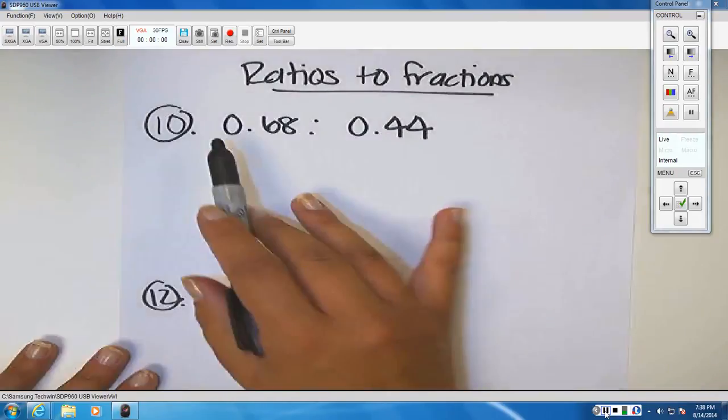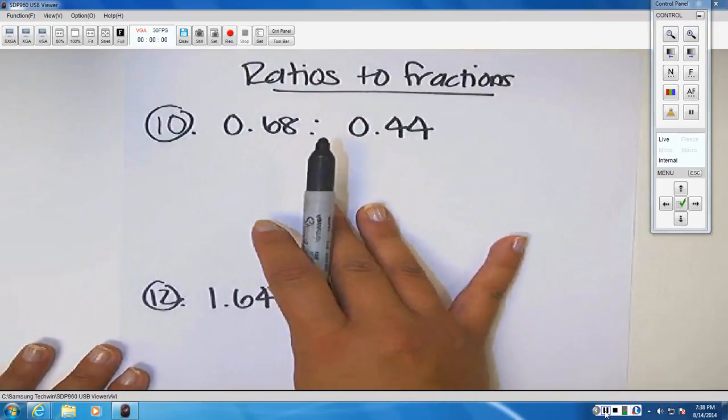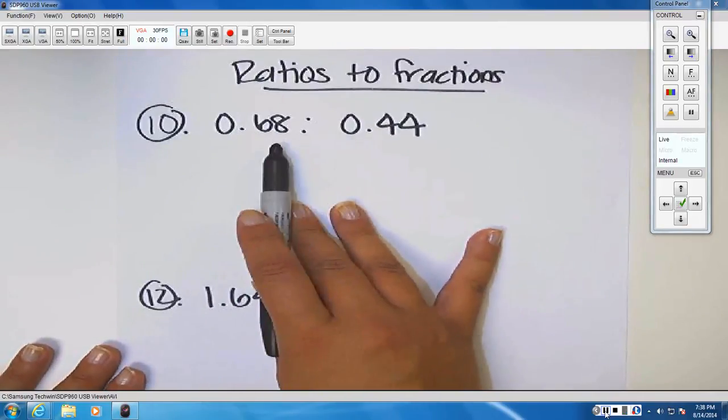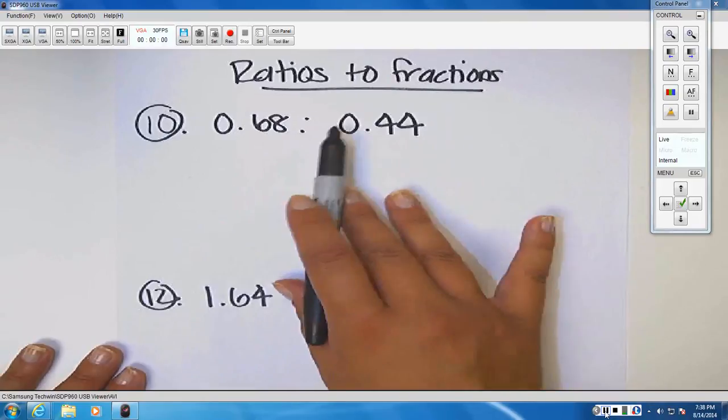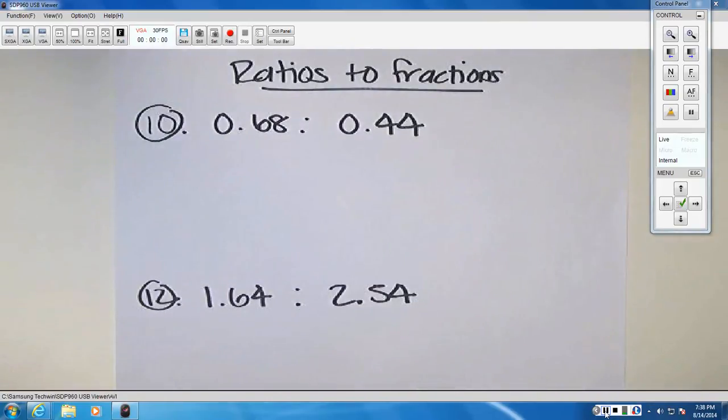So here we have 0.68 or 68/100ths is to 44/100ths or 0.44. So again, we're just going to take this simple decimal and we're going to turn it into a fraction and then do exactly what we just got done doing.